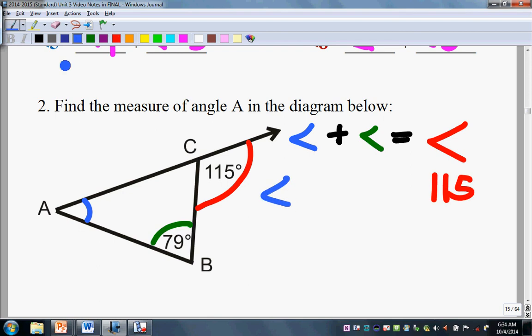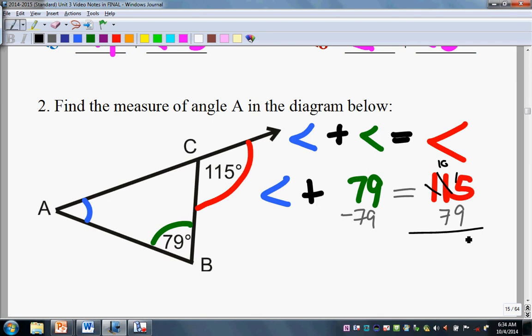I don't know the blue, but we have the green. So I'm going to solve. So for the blue, you should have gotten 36.